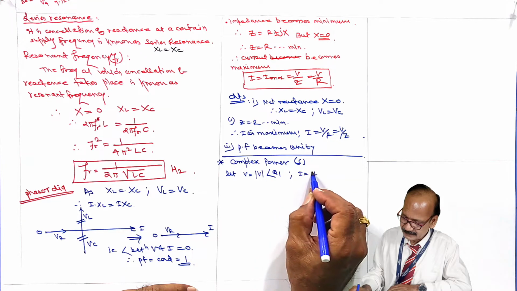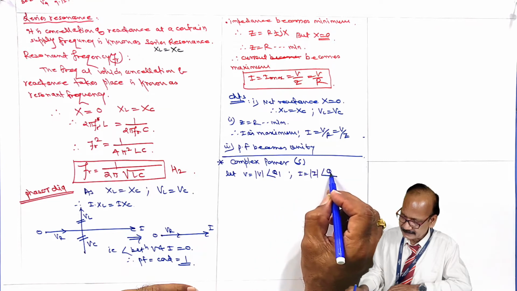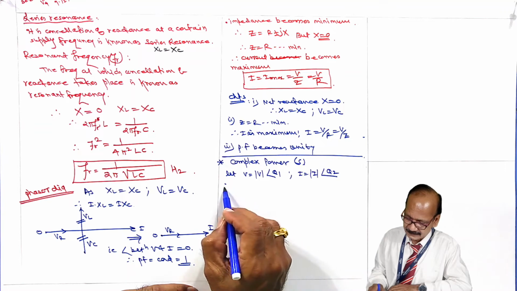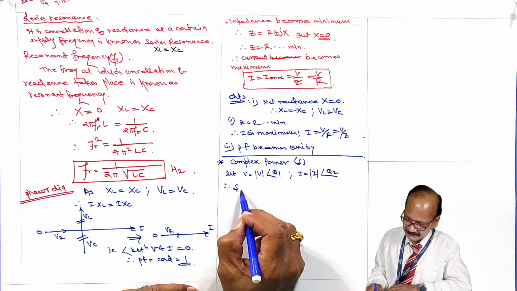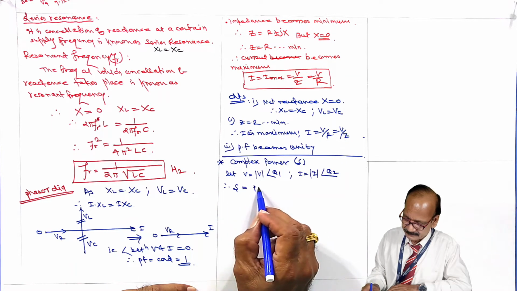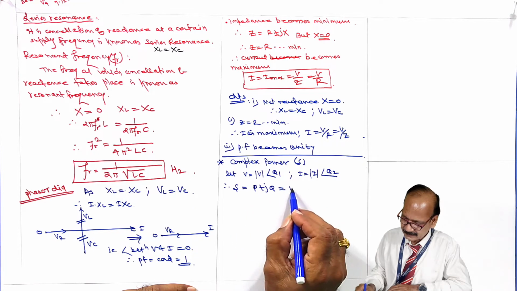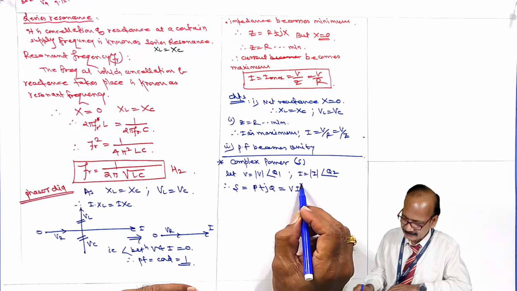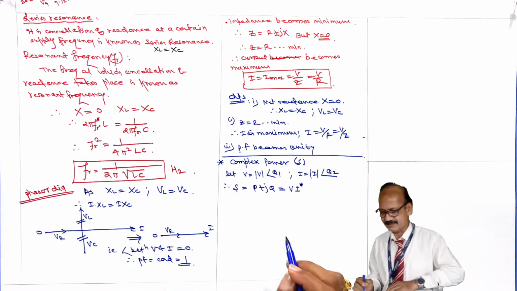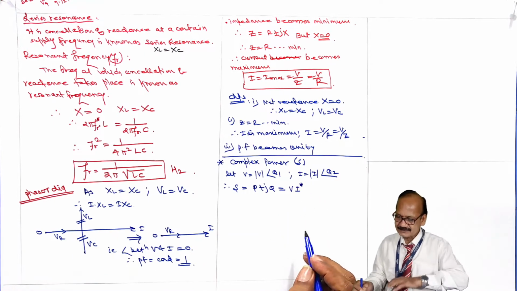I equal to I mod angle theta 2. Therefore, complex power S equal to P plus jQ equal to V into I complex conjugate. Now, what is a complex conjugate?